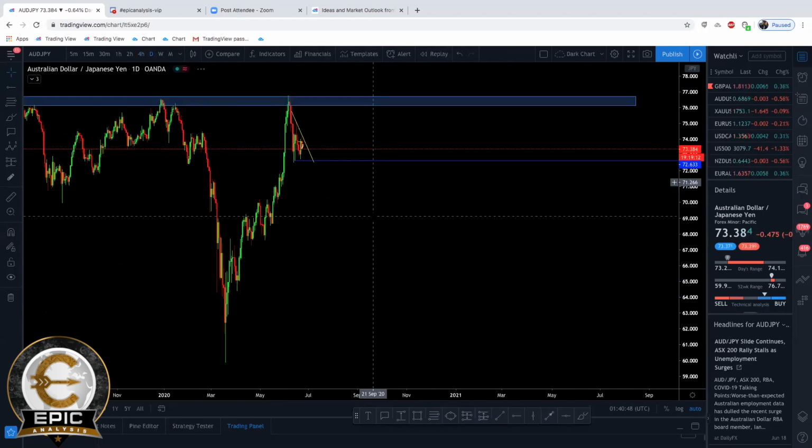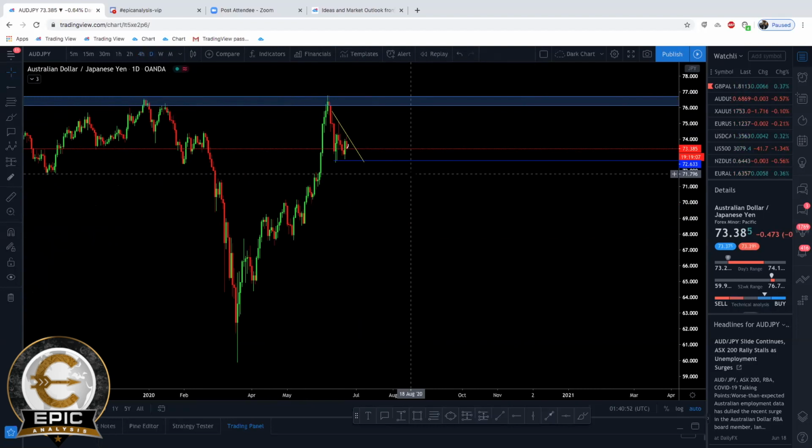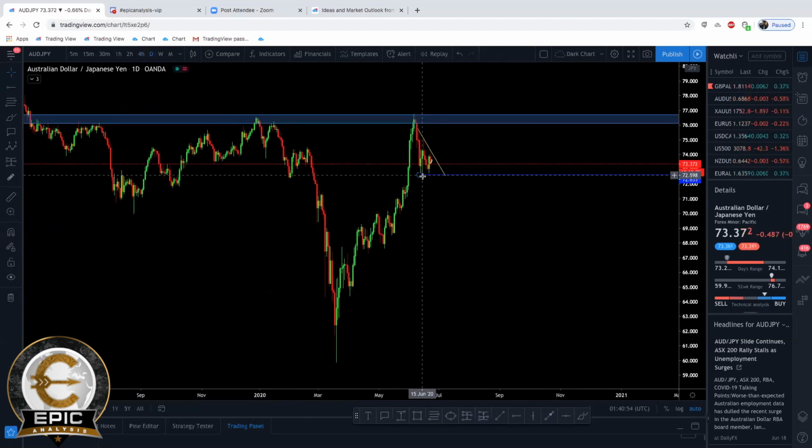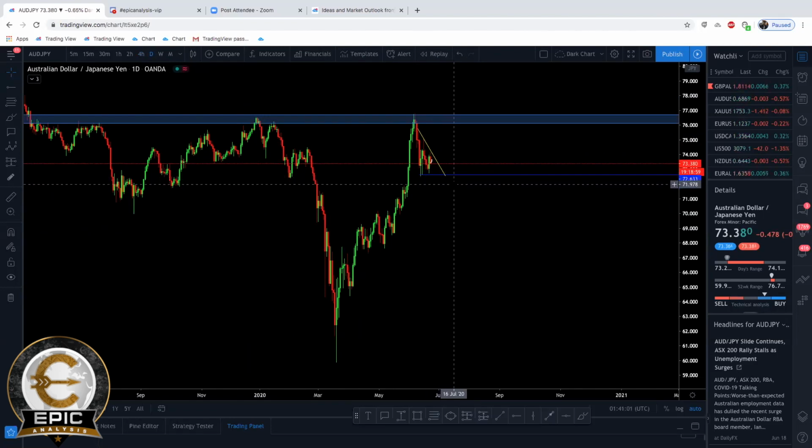Because overall, we're in this level of supply, so I am expecting this support to be broken. It's just a matter of when. Around 72 will be my next target.